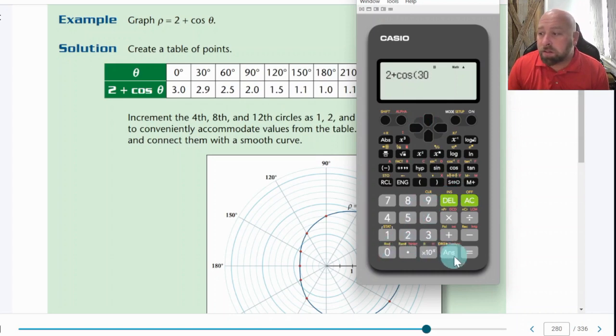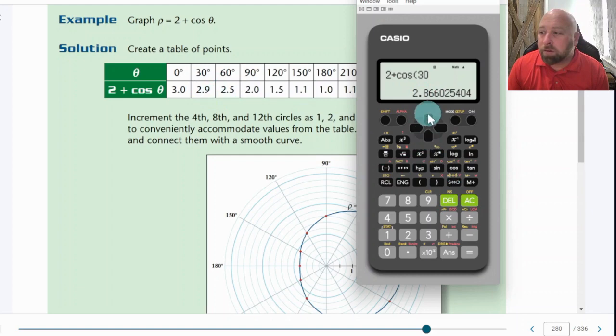So there's 30, and okay, well, now what are we looking at? You can't really graph 4 plus the square root of 3 over 2. Your calculator might give it to you in decimal right off. Mine always gives it to me in exact value. And then I can just hit this and get 2.866. We're going to round off to 1 decimal point, 2.9.